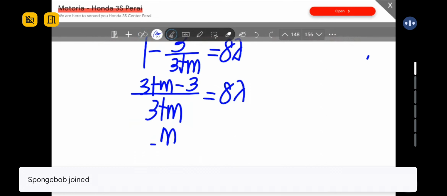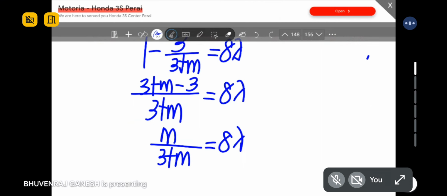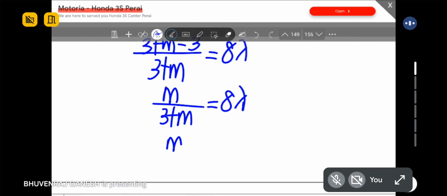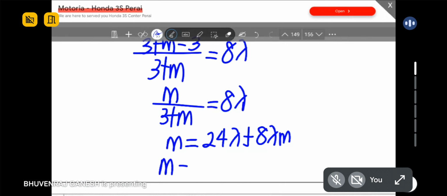And then you have m over 3 plus m equal to 8 lambda. So m is equal to 24 lambda plus 8 lambda m. So m minus 8 lambda m equal to 24 lambda.